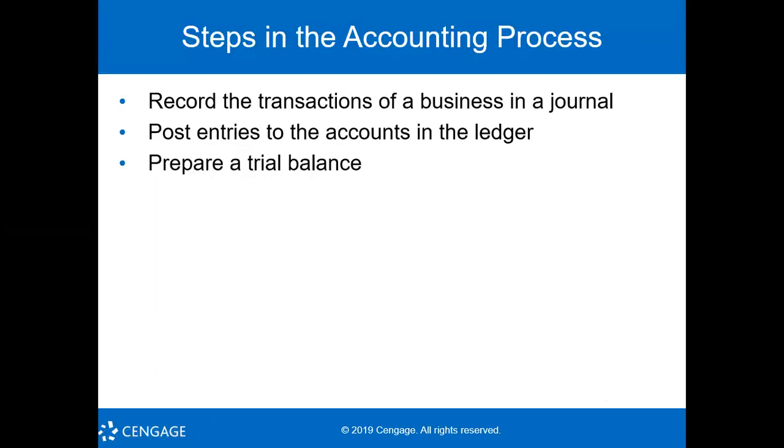All right, so steps in the accounting process. So, really they're kind of combining here step 1 and 2. Step 1, analyze transactions. Step 2, journalize transactions. They have that here. Record the transactions of a business in a journal, right? So that really encompasses step 1 and step 2.